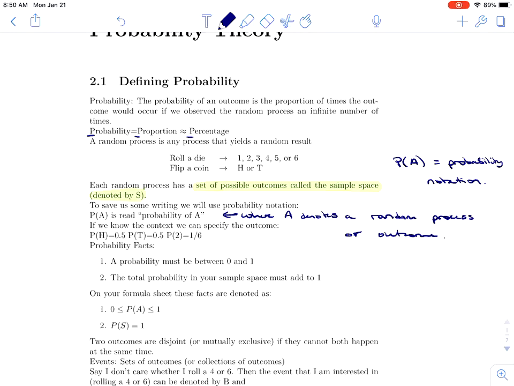Each of these occurs randomly with a probability of 1 over 6 each. But if we add those all up, we get 6 over 6, which is 1. Same thing for flipping a coin, a little bit more manageable: we've got 0.5 and 0.5. So if you ever add up your sample space and find that the probability is not 1, you're missing an outcome somewhere. Any questions about that?